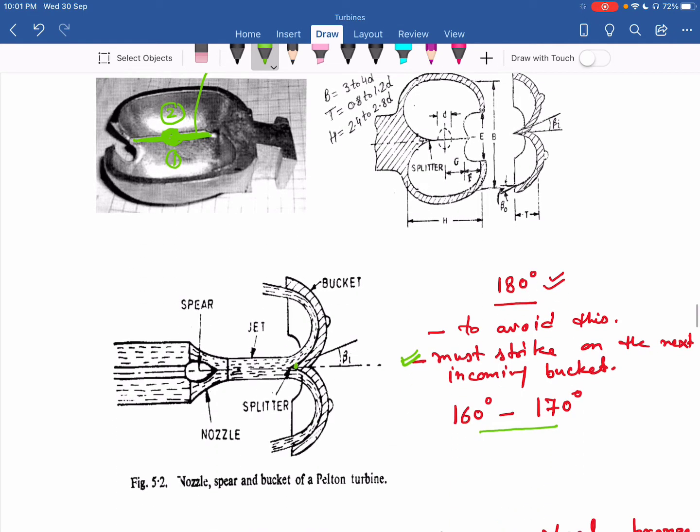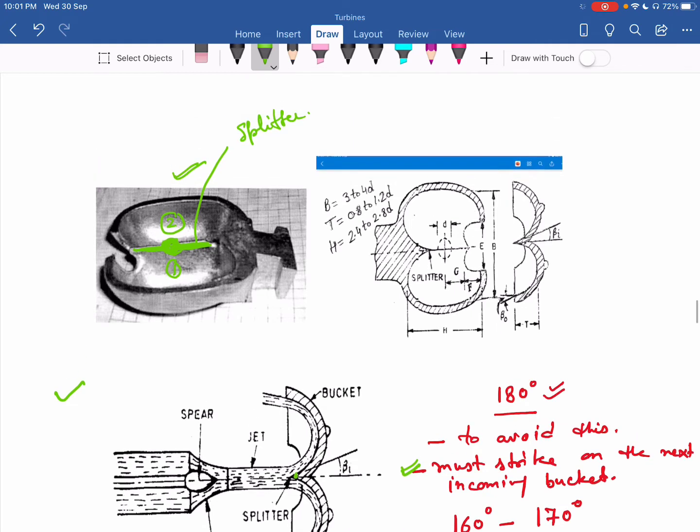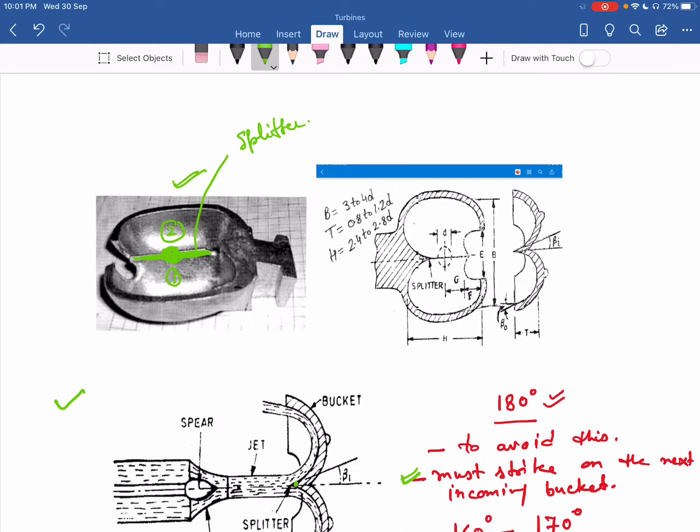When the division takes place, one part of the jet goes along one side of the shaft, and another part goes along the other side. So this avoids the unbalanced axial thrust on the shaft. So you can say the runner of a Pelton turbine consists of a number of double cup shaped buckets that are fixed to the runner. Each bucket has a sharp edge at the center that we call the splitter. The jet strikes each bucket at this splitter and is divided into two sides to avoid the unbalanced thrust.